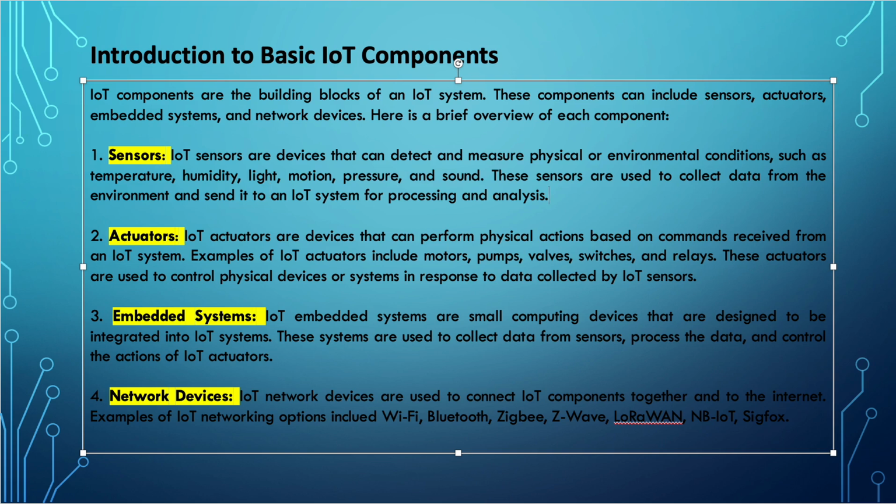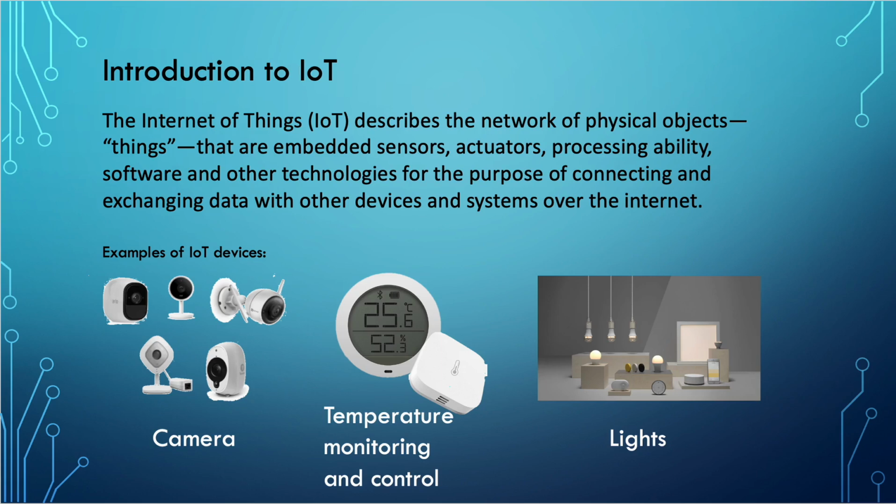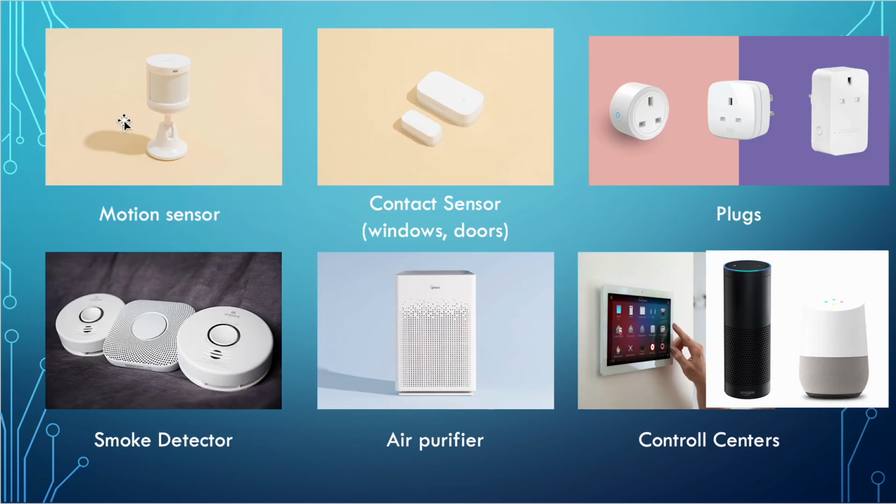Also, let's look at the examples we checked again. Let's go to the devices and we can see what are the sensors that would be there. In a camera, an image sensor would be there to take in the video. In temperature monitoring, there will be a sensor to check the temperature, right? Motion sensors, that means there should be a sensor that could detect movement.